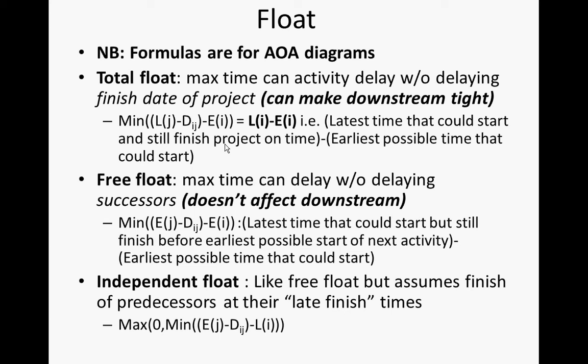And then there's a more sophisticated notion of independent float. These turn out to be surprisingly important when there's litigation involved. Because one of the ways that litigation takes place is, sure, it may be that my delay caused this mall to not be able to open until after Christmas, and therefore they missed the Christmas season, and therefore they sue me because I'm a contractor that didn't deliver in time.